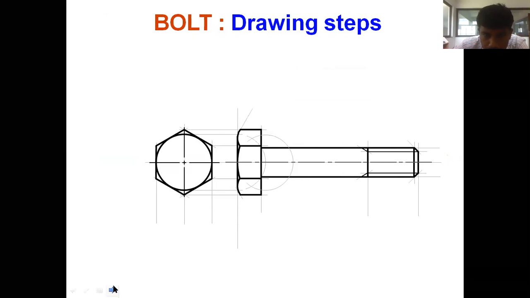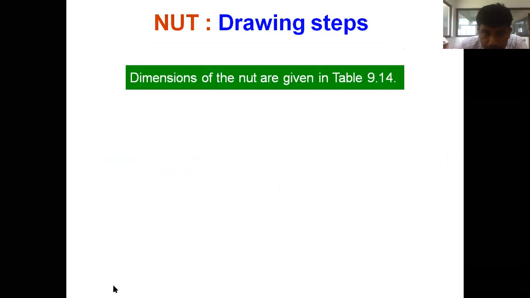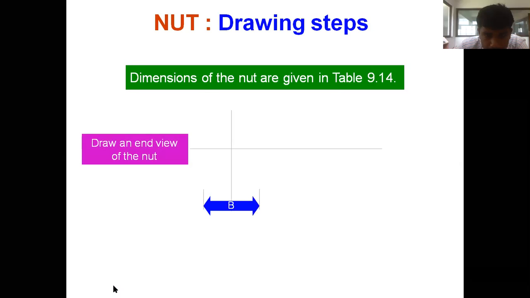This is about these things. Next is the nut: end view of the nut, nut size, circle.